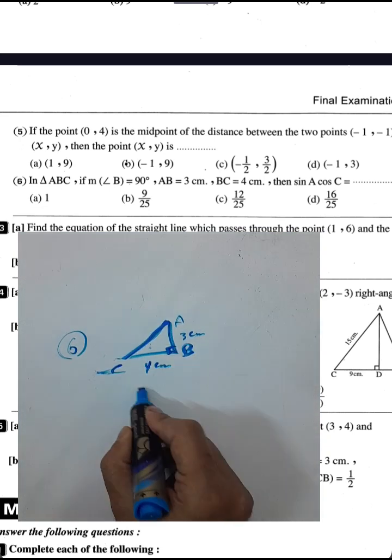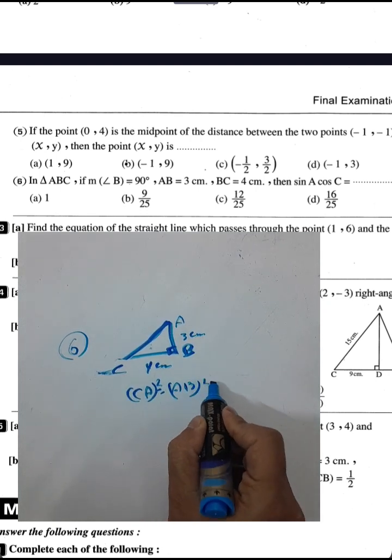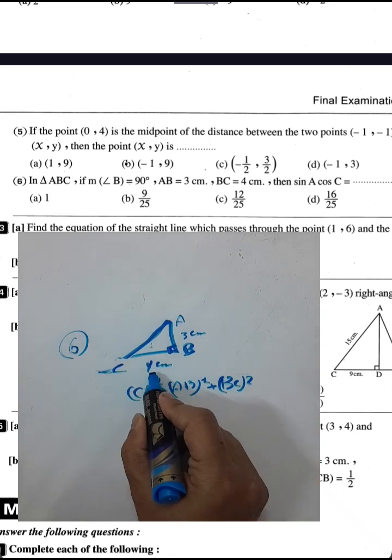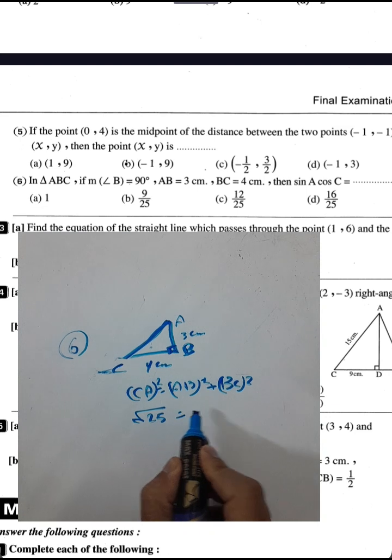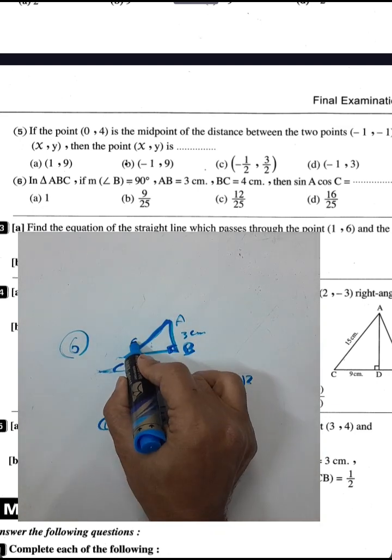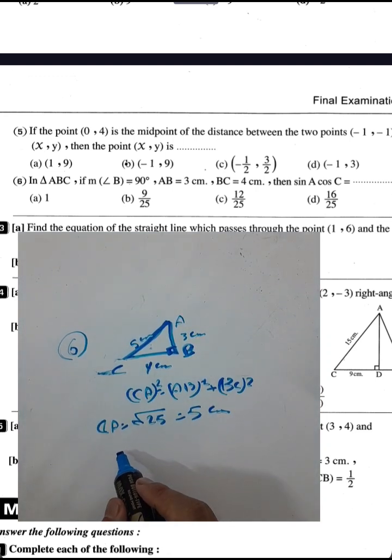We can find CA from Pythagoras. CA power 2 equals AB power 2 plus BC power 2. 4 power 2 is 16 plus 9 is 25. The square root of 25 will be 5 centimeters. It's the length of CA.